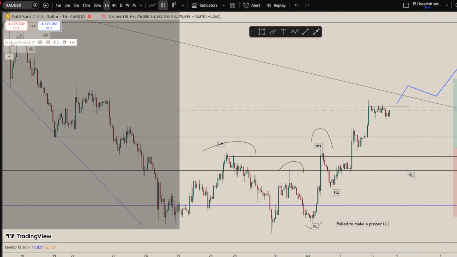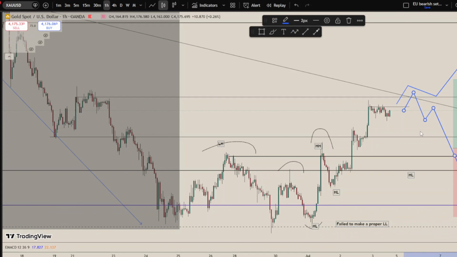Otherwise, the other option I already mentioned is that it could touch these areas and break these lows, make a lower high, and come down somewhere here, or even all the way down here. We don't know that.